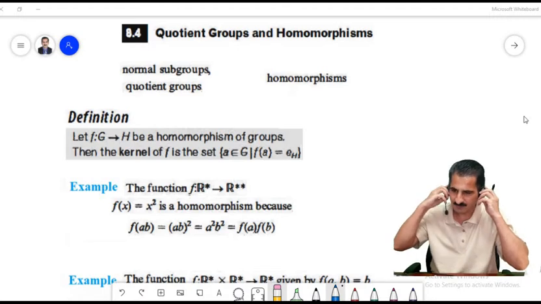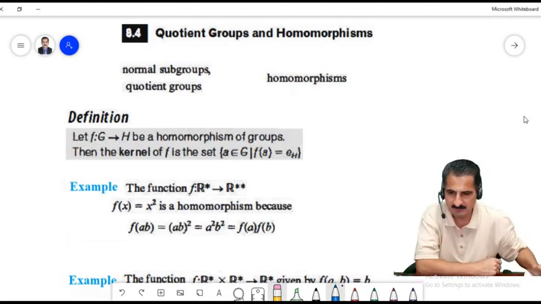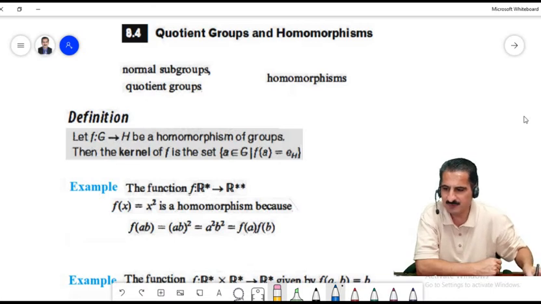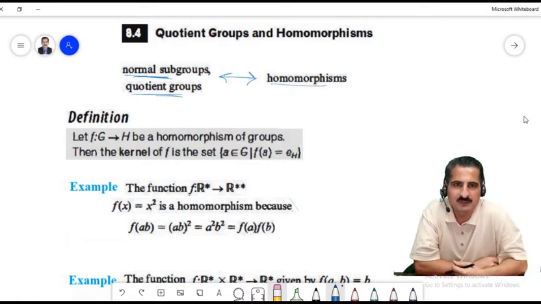Now we want to see how quotient groups relate to normal subgroups and homomorphisms. There are some properties relating them, and this is what we are going to do in this lecture: relating quotient groups and homomorphisms.